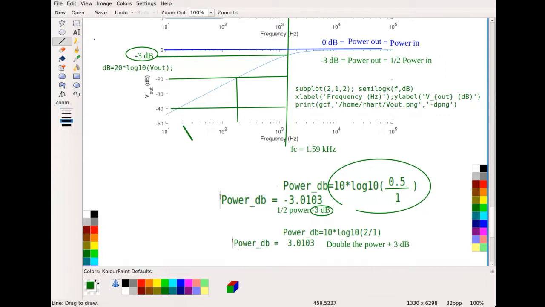So here's a tick mark, and here's a tick mark, and so if I drop these, and again, my lines aren't very straight here, but basically this line dropping down here, okay, is dropping 20 decibels per decade.